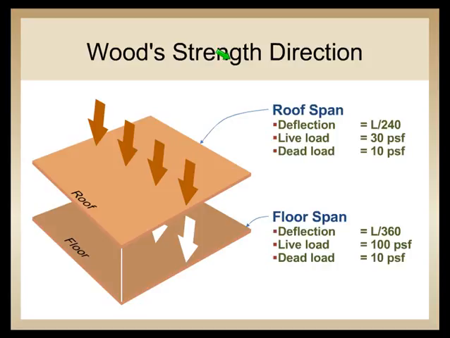For the floor, L over 360 for the deflection, and then 100 PSF for your live and 10 for the dead. So question for you, what's typically the live load that you're designing for on your floors? Sometimes we have 100, but often we're looking at more like 40 PSF. So this is good information to have, to recognize that the span rating is based on 100 PSF.